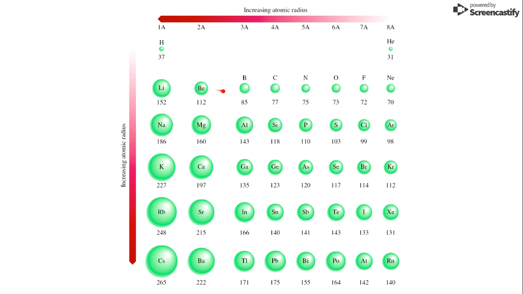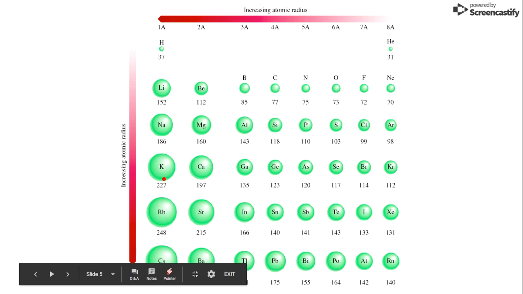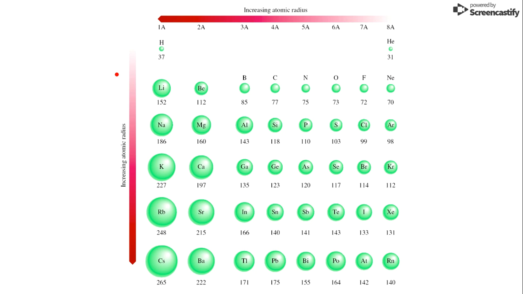And so effective nuclear charge increases from left to right, therefore atomic radius decreases from left to right. Effective nuclear charge increases from bottom to top, and so therefore the size decreases from bottom to top. So those two trends are intimately related to each other. Again, it has to do with the strength that nucleus can pull on the electrons, and the stronger it can pull, the smaller the atom is going to be.